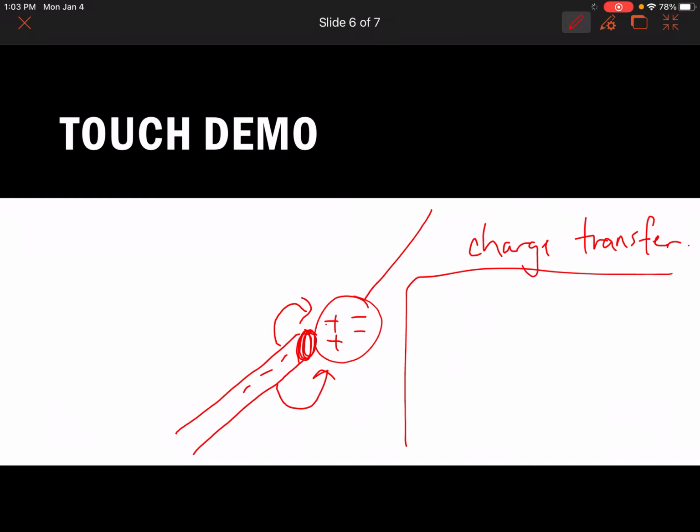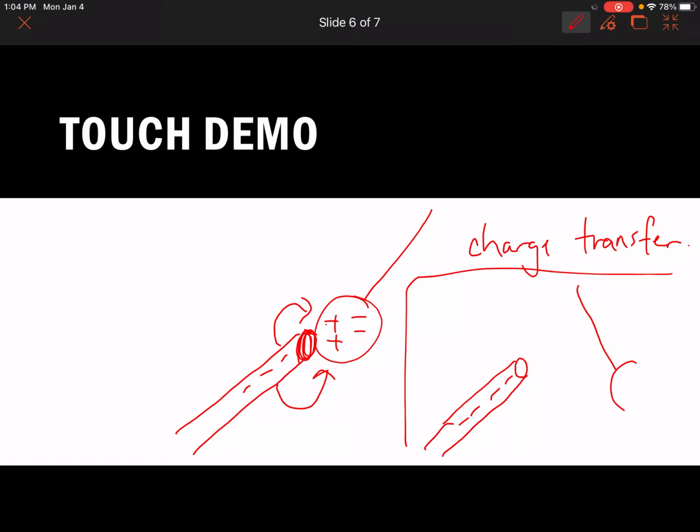Once that happens, the rod is still negative. It lost negatives, but it still has a bunch of them. And the pith ball now has extra negatives, so what charge is going to be on that pith ball? Yeah, it's going to be negative. So now if the pith ball is negative and the rod is negative, what do we know is going to happen? They're like charges, so we know that they are going to repel.